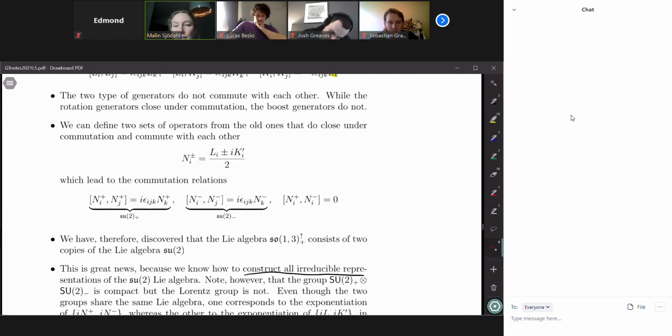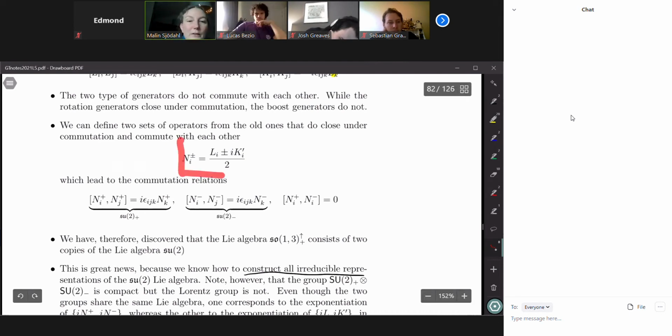The interesting thing is, however, that we can actually find two sets of commuting operators. We can combine generators in these linear combinations. N plus minus is Li plus minus iK'i, over a factor of 2. Now, taking these linear combinations, we actually obtain two algebras that close.